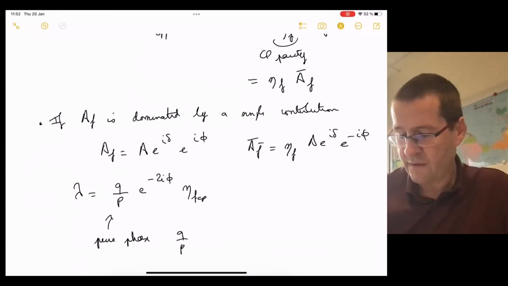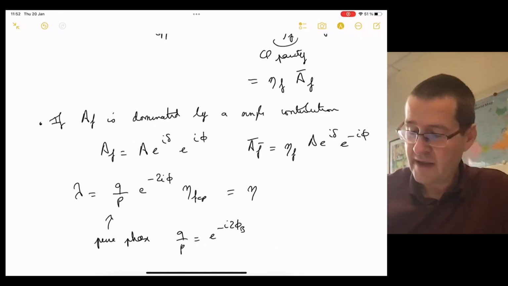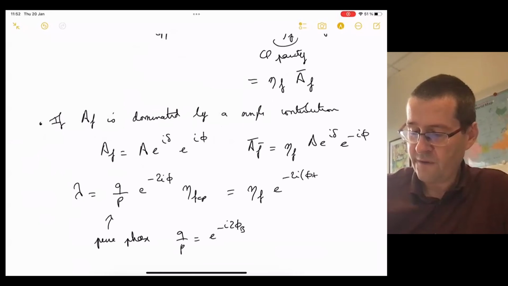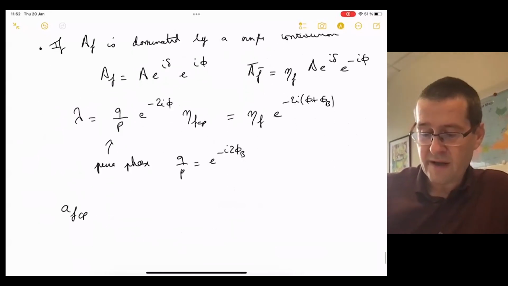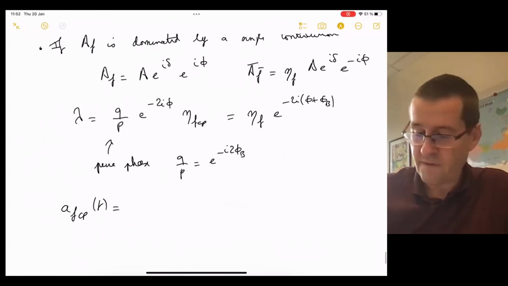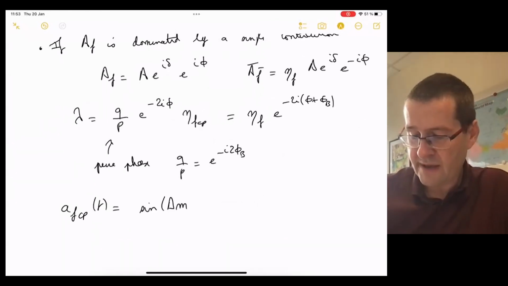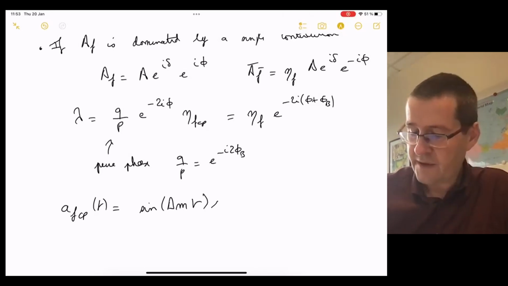So if I'm saying that it's, for instance, something that I call phi B, then you see that you got eta F phi plus phi B. And then eta FCP, the time evolution of this guy is going to be very simple. That's going to be related to delta MT times the imaginary part of lambda.